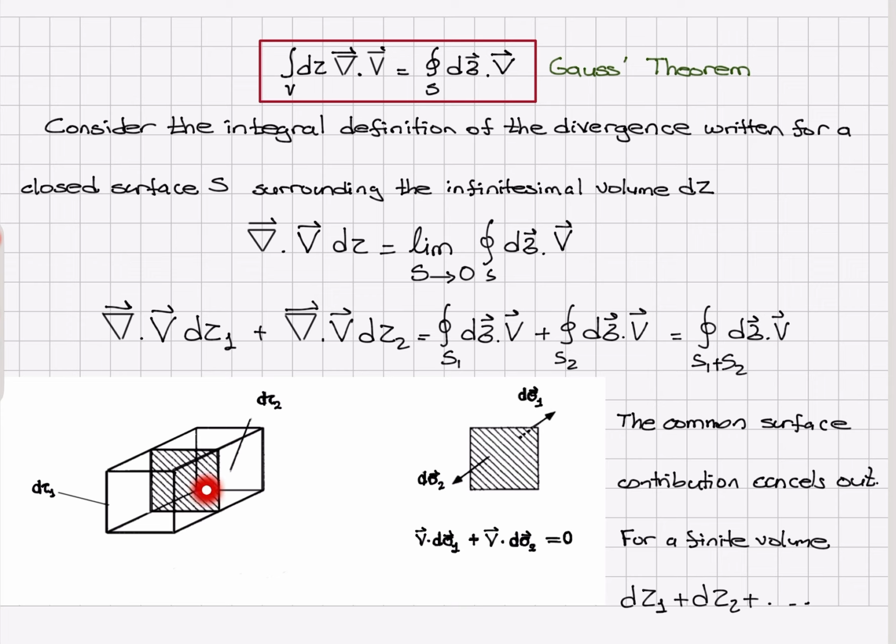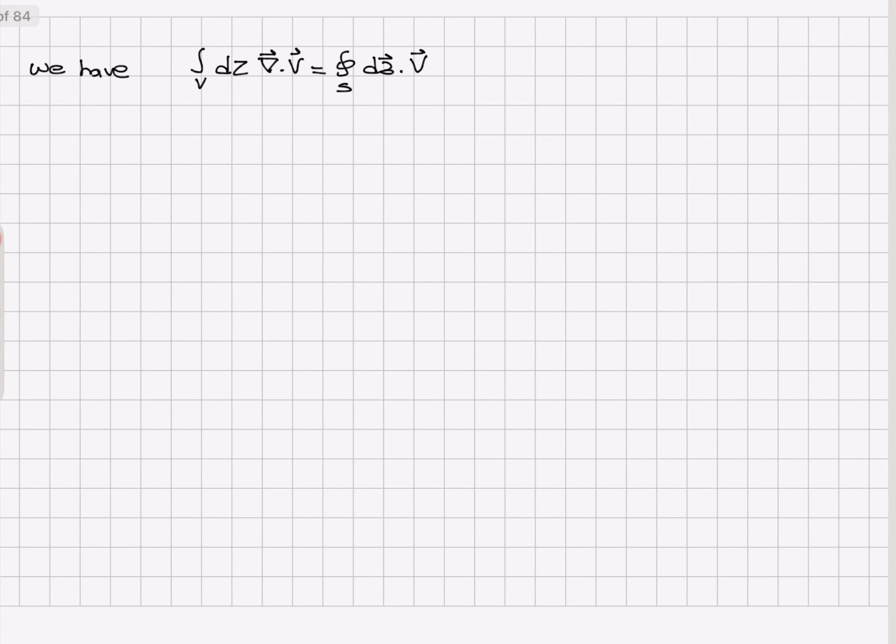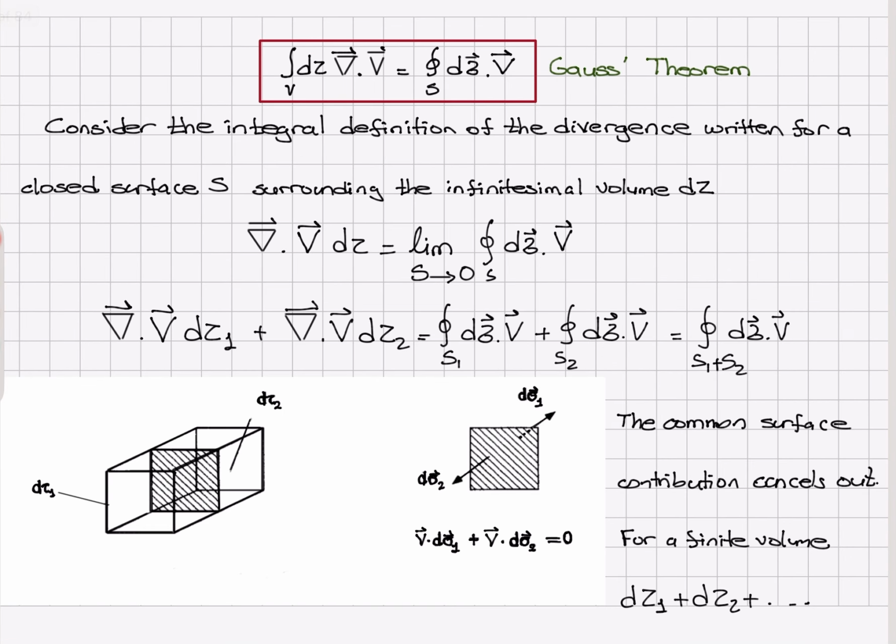And there is a common surface here where the right-hand side of the equation tells me d sigma dot V terms, because d sigma 1 and d sigma 2 are pointing in opposite directions here, will add up to 0, so the common surface will give no contribution. Therefore, for a finite volume, the integral of divergence of V d tau is going to be the closed surface integral over S d sigma dot V, where S is basically the boundary of the total volume that we're considering.